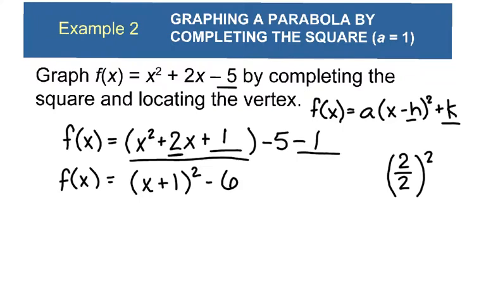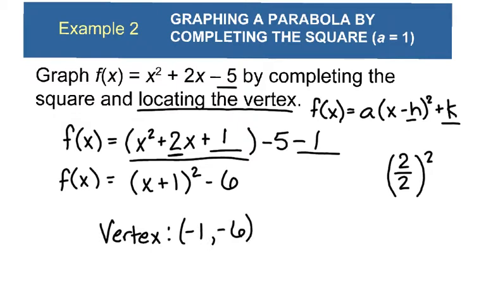And so let's locate our vertex. That's what this problem is asking us to do: complete the square and locate the vertex. Our vertex is at the h, k values, so -1, -6.